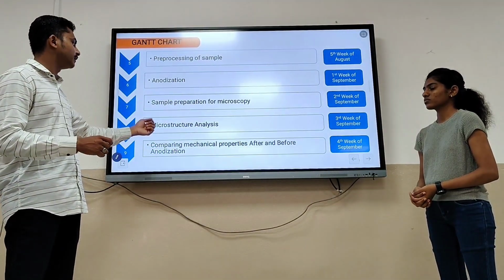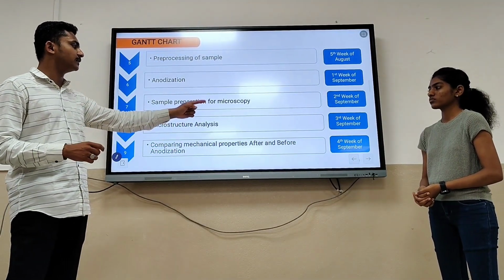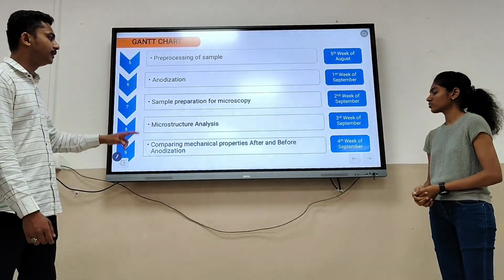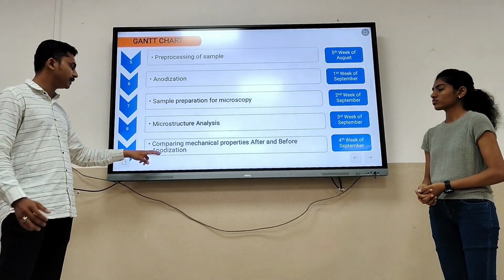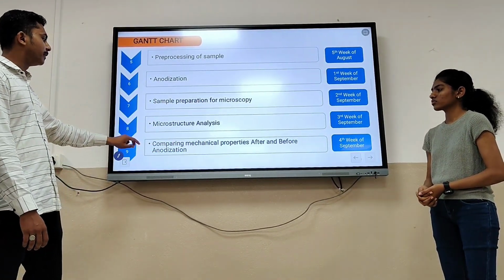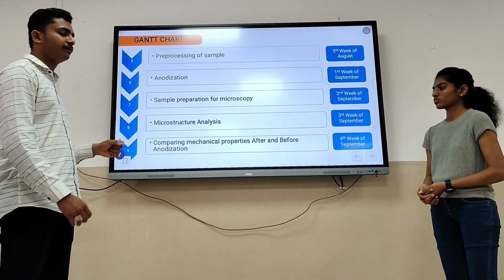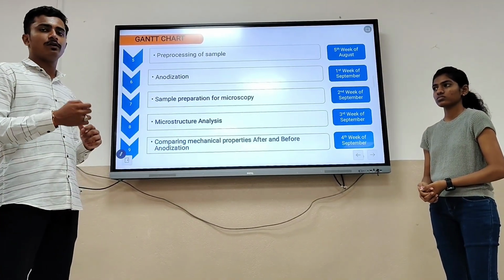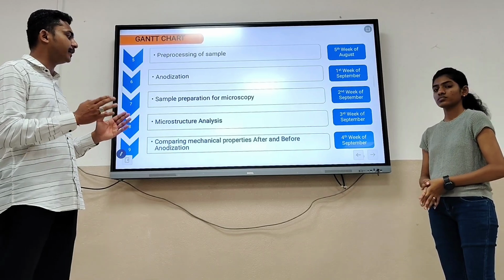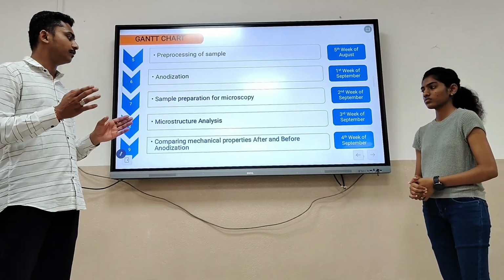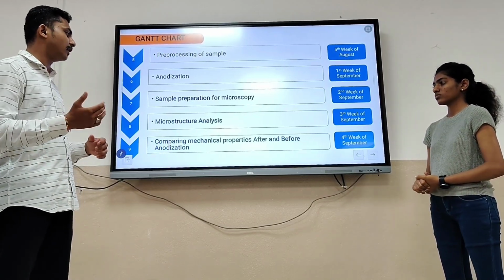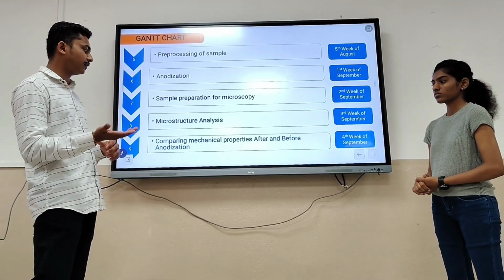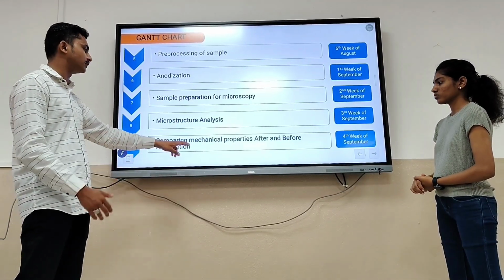So that is our part of microstructural analysis. It will be happening in the third week, estimated, and then comparing mechanical properties after and before anodization. So in the next week we will focus on comparing the mechanical property results after the anodization and before the anodization.